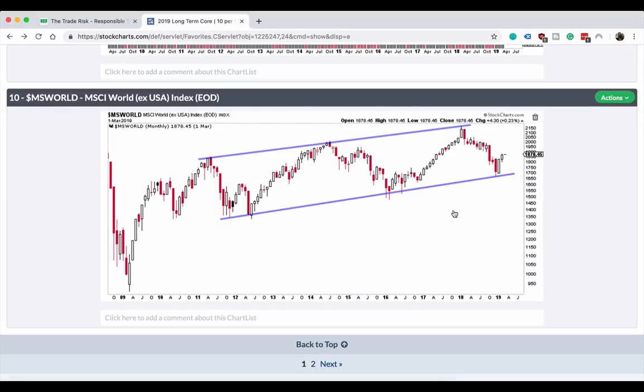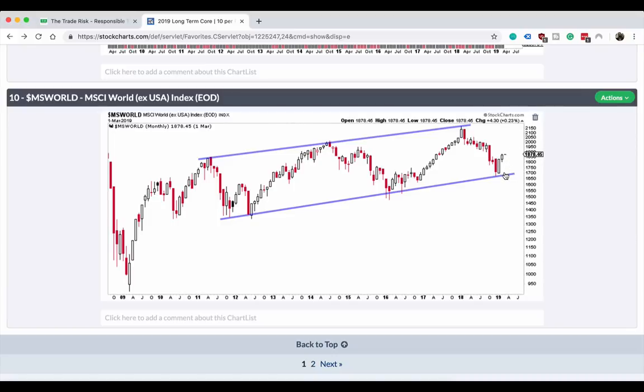Now, if we look at this pattern, however, we do have this upward sloping channel in place. And again, if we are to believe that this channel is in place and dictating the price structure here, or giving us a good mold and framework for the price structure, then we did see buyers step in December at the lower end of this trend line, and we're now rallying higher here.